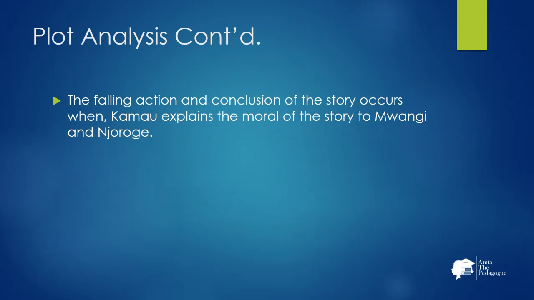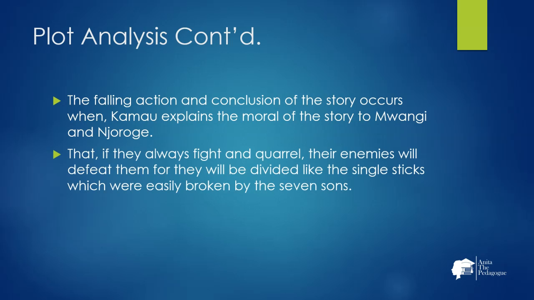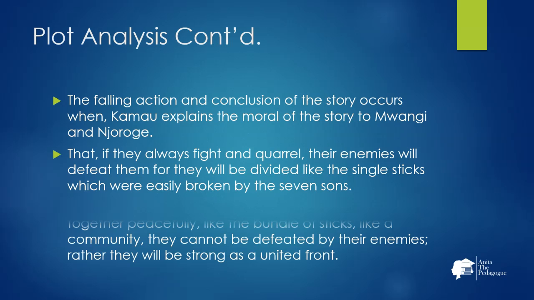The falling action and conclusion of the story occurs when Kamal explains the moral of the story to Muangi and Njoroge. That if they always fight and quarrel, their enemies will defeat them, for they will be divided like the single sticks which were easily broken by the 7 sons.